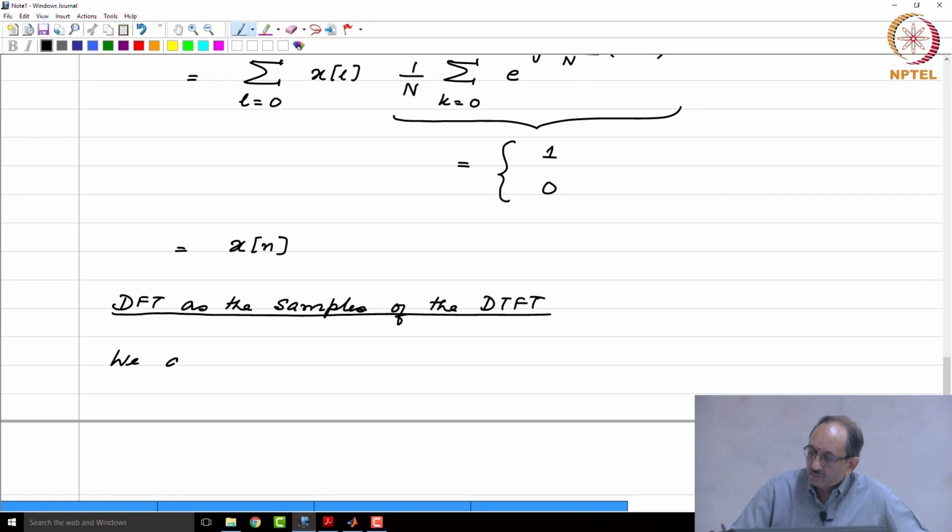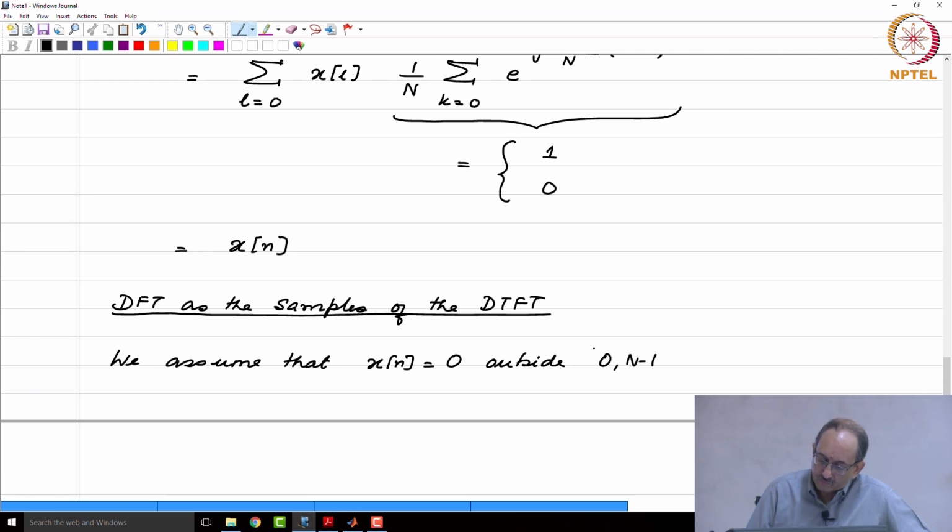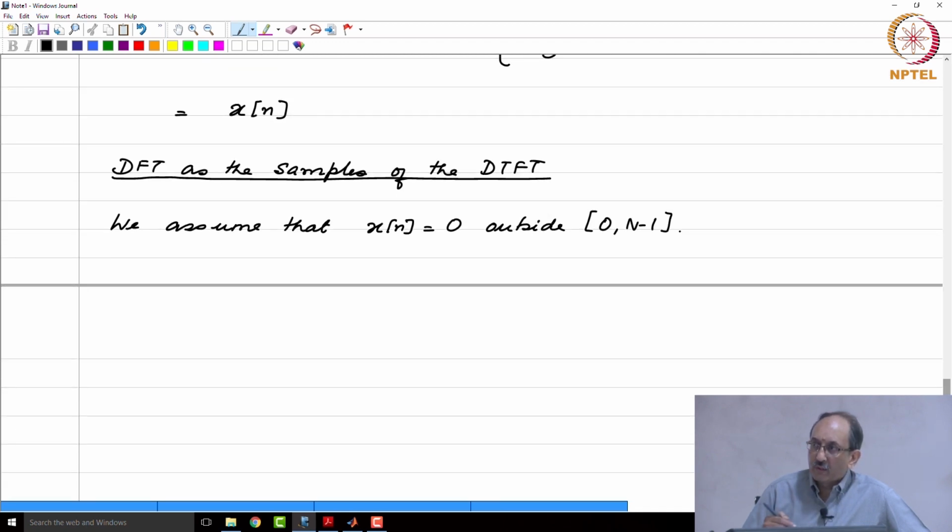So, here we assume that x of n equals 0 outside 0 to N minus 1, and now we will show that the periodicity of x of n will make sense as we go through this development.